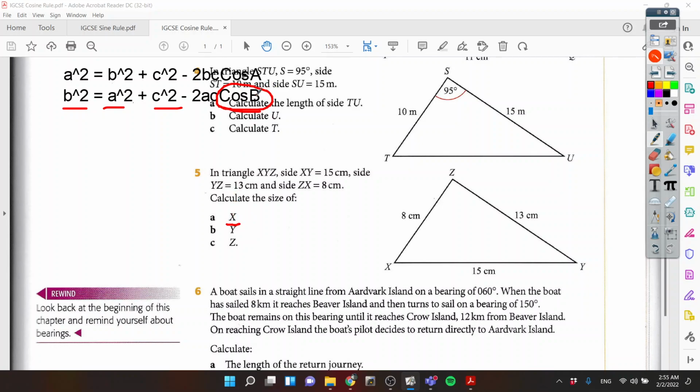We want our angle here to be X, so I'm going to start with side X up here.